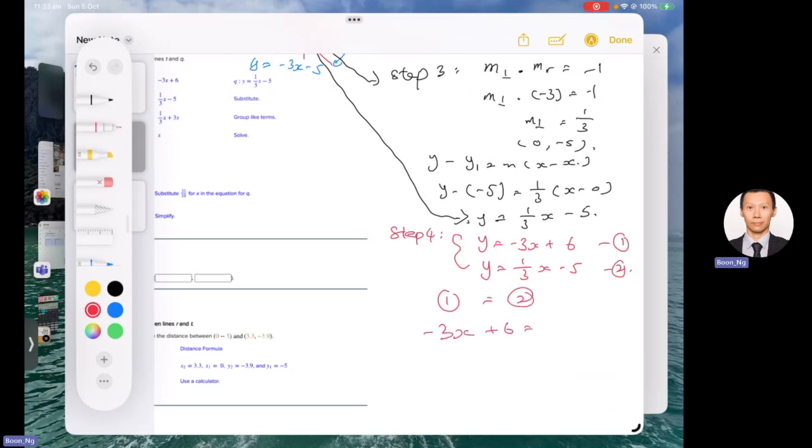-3x plus 6 equals 1/3x minus 5. You combine these two onto the left, and these two on the right.